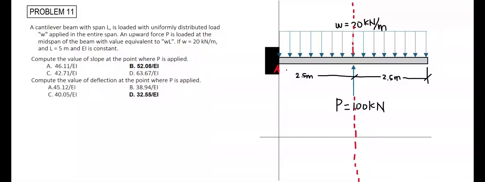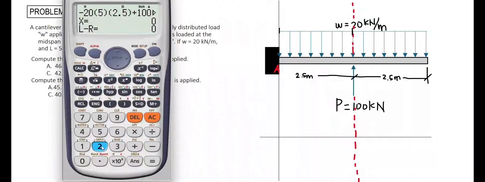So we have the uniform distributed load on the left side that would induce a moment about this reference line, that is a value equal to 20 kilonewtons per meter times this length of 2.5 meters multiplied by the moment arm distance of 2.5 over 2.